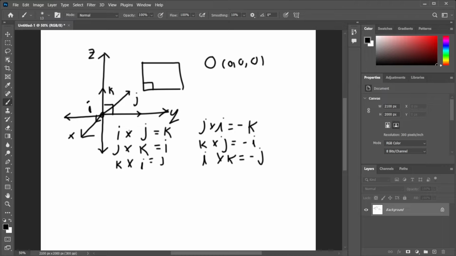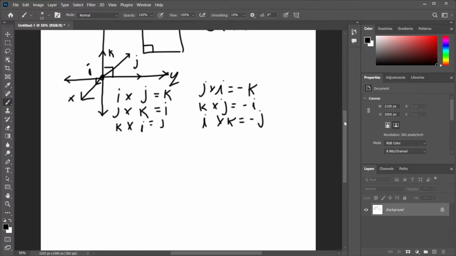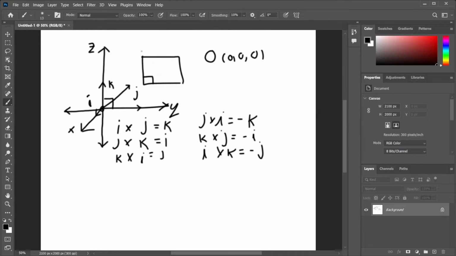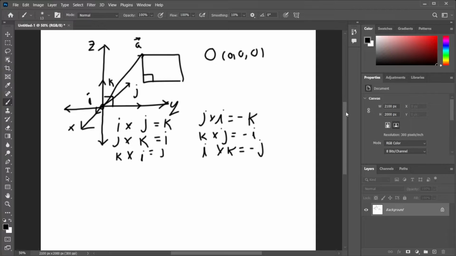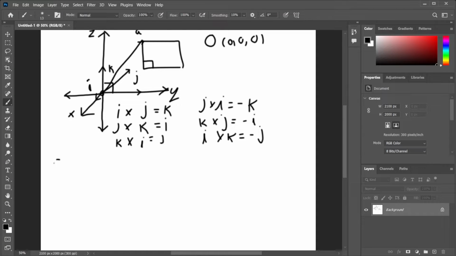And what's all of this? Well, let's say that we have a vector. We have it right here, A. A is a point in space. It will have a vector x, y, z. We can say that A is equal to the first component of A times i.